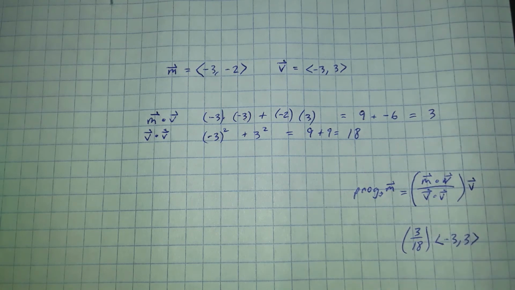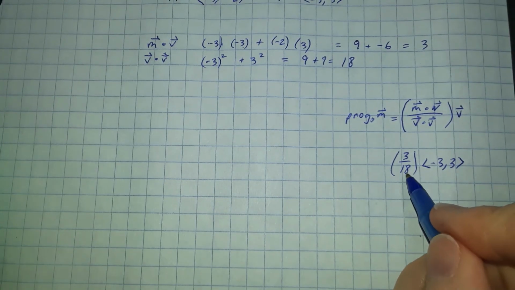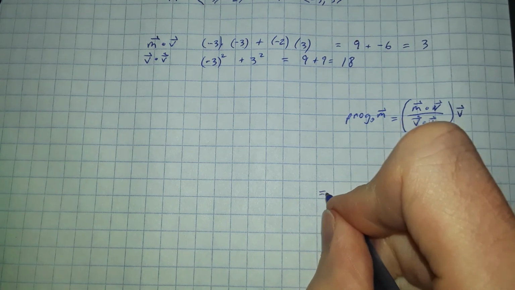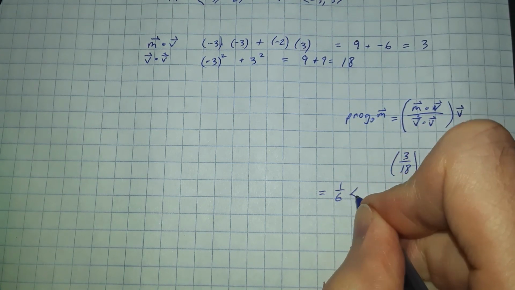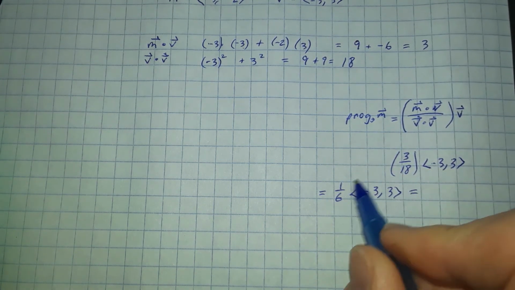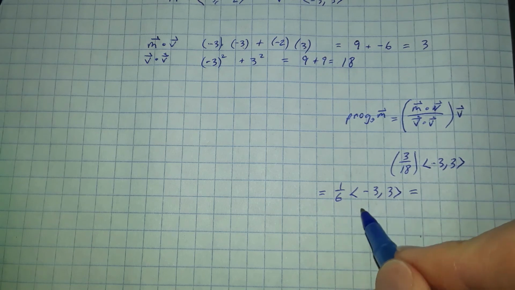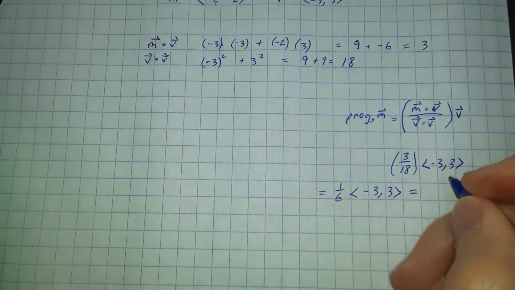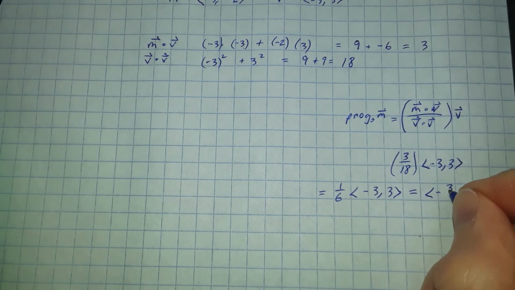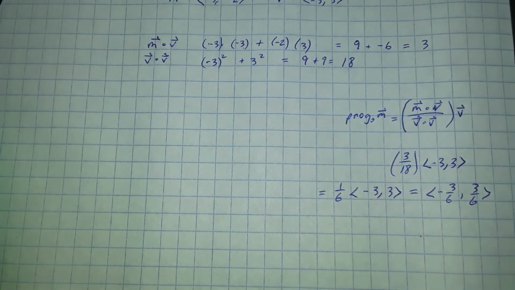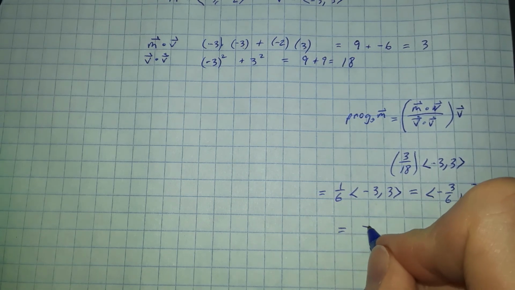So I have this calculation. You can reduce this fraction. You can make that 1/6. And then this is a scalar times a vector. So it's kind of acting like a distributive property. So you're going to end up with negative 3/6, 3/6, and then those are reducible.